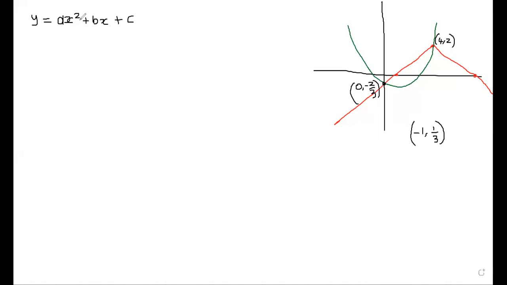Now we can use this equation to start. Okay. So let's say at the point 0 and -2/3.